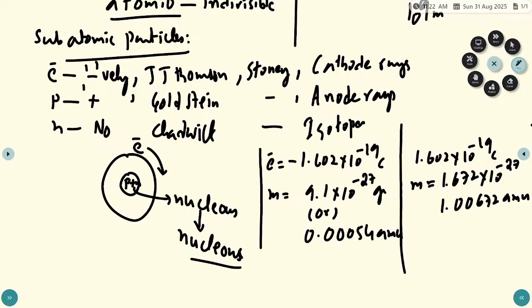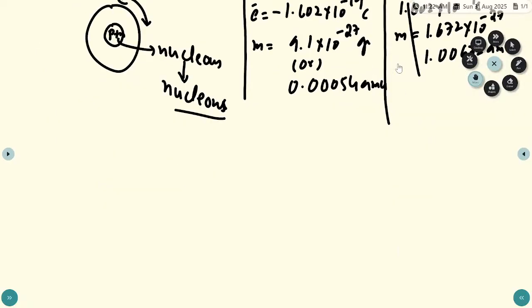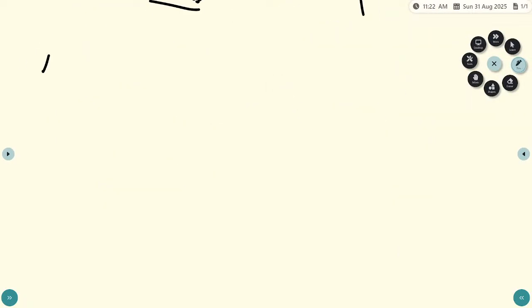Next, what is the atomic number? The atomic number is denoted by capital Z. How can you calculate it?